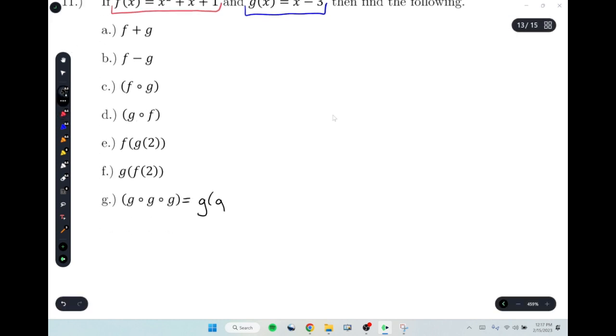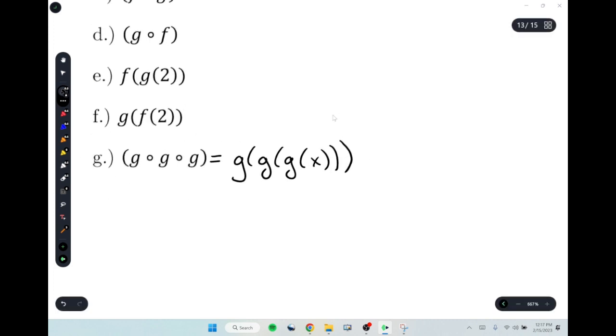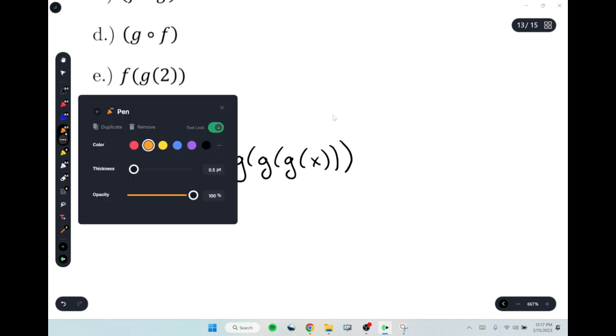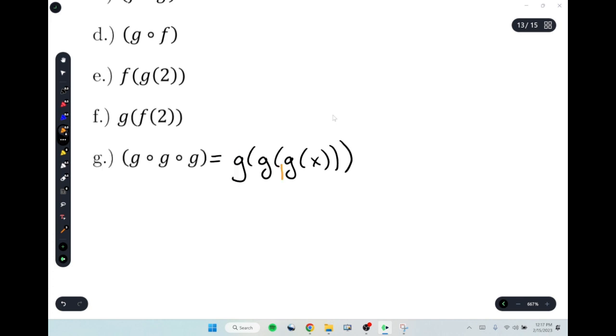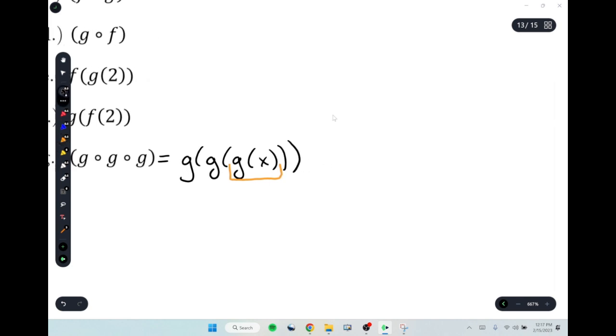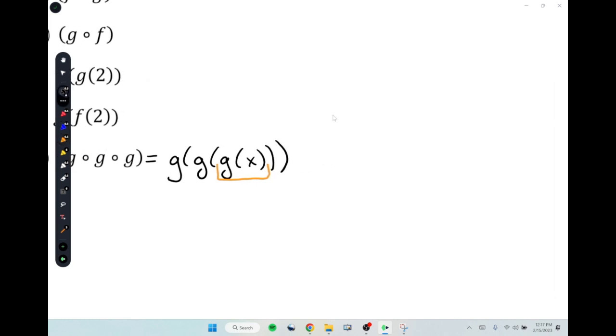G of G of G of X, right? Technically, yeah. Okay, well, let's just do one step at a time. Literally, one layer at a time. What is this orange G of X, technically? That inside orange G of X, what is that?